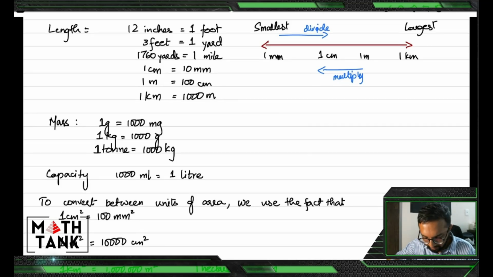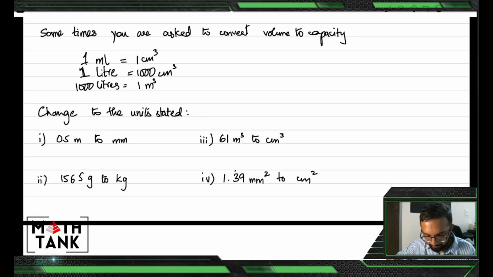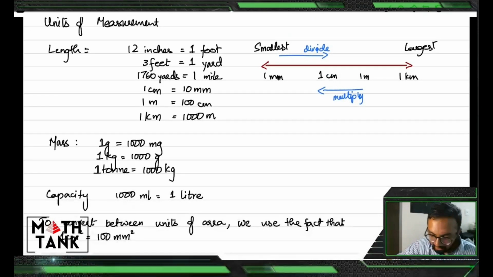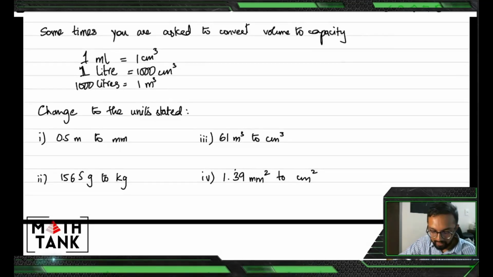In fact, let's just go down and see a conversion. It says 0.5 meters to millimeters. Now I know that a meter and millimeter are not connected directly. A meter first converts into a centimeter, and then a centimeter converts to a millimeter. So I pick up 0.5, and I know that I'm going from a large unit to a smaller unit, so I have to keep multiplying.